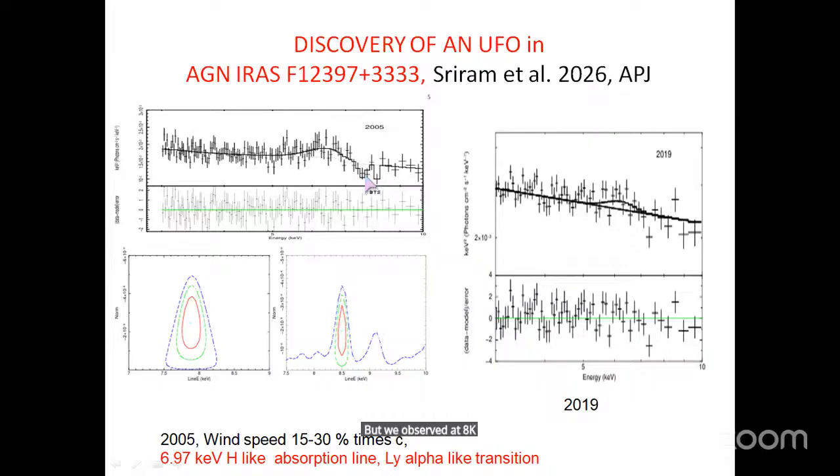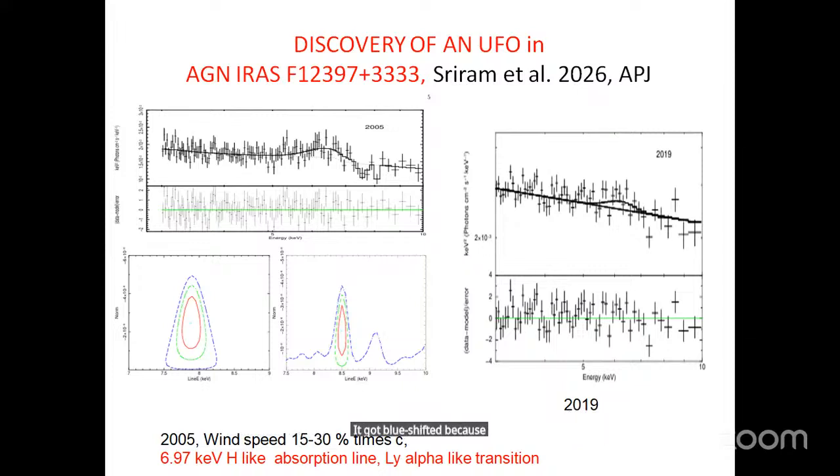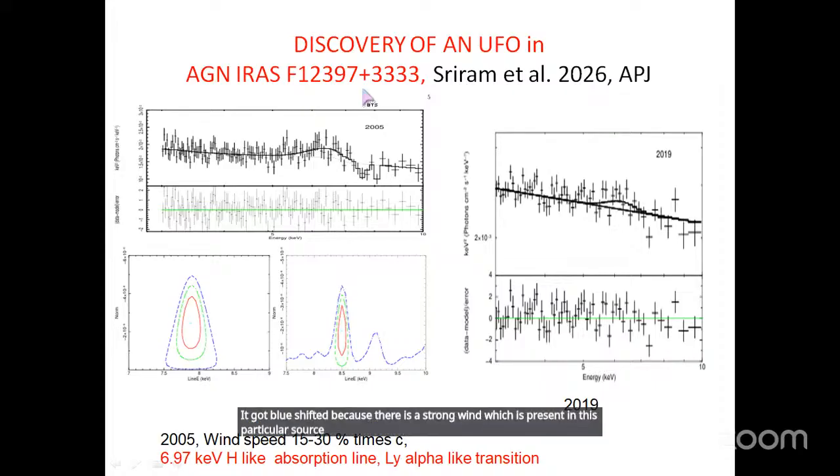So there is a blue shift. That means this line got some energy and is appearing at 8 keV. The interpretation is that the lines are blue shifted because there is a strong wind present in this source. It was not discovered earlier.